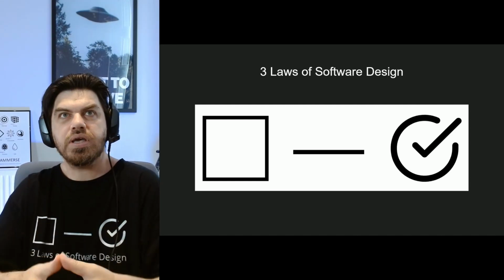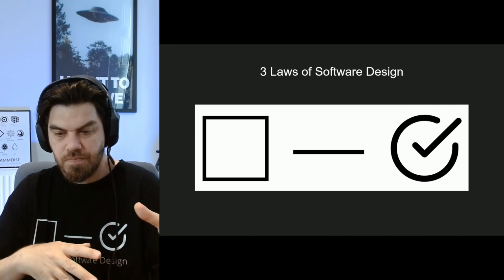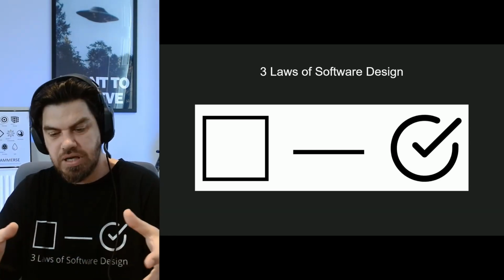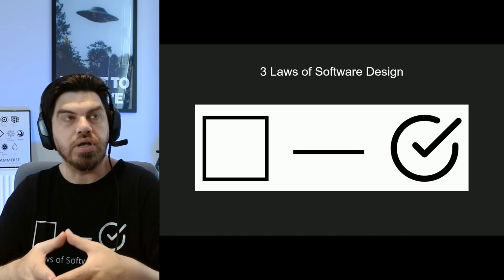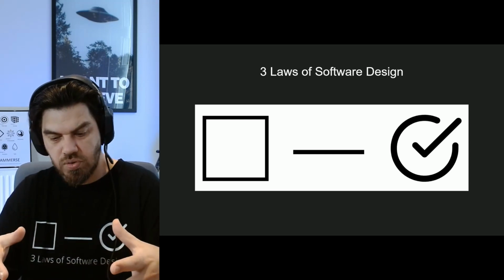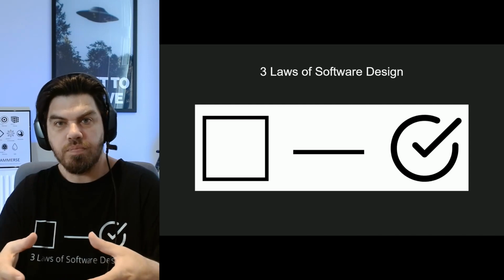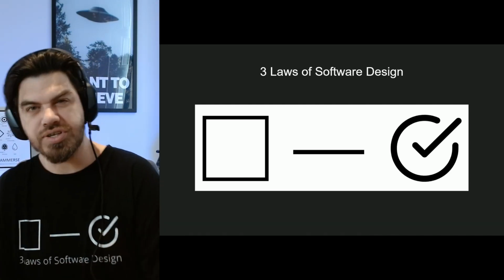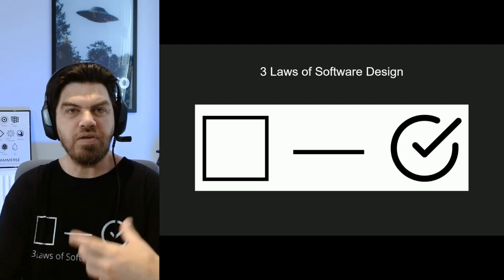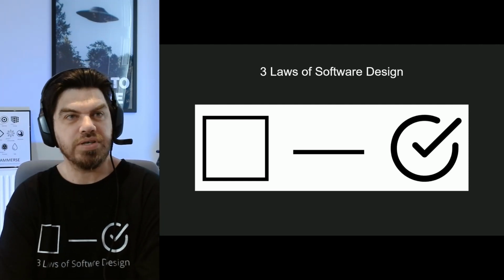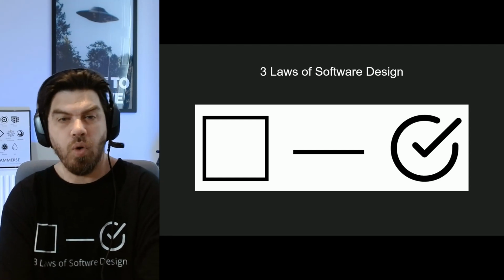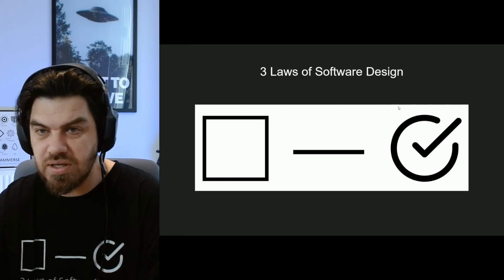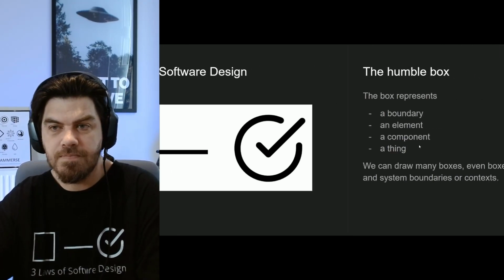What I tried to do here is go back all the way to what I could think of as the starting point, almost the first principles, or what I think would be the most important thing to consider to understand what is involved with design, what is involved with architecture, what are those things, how should we think about it? And I came up with these 3 laws.